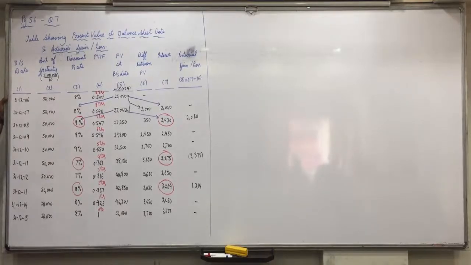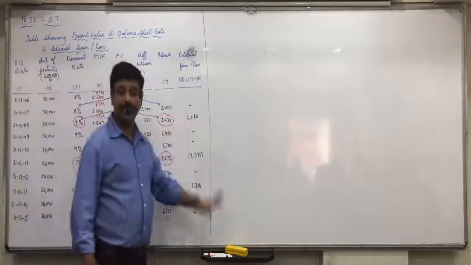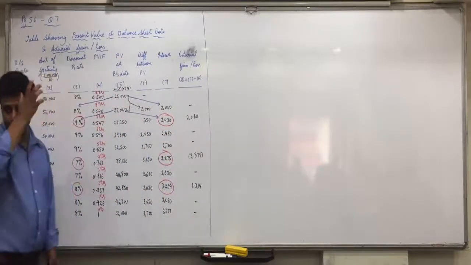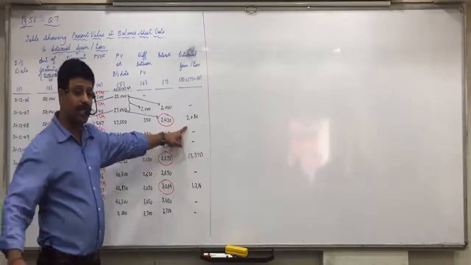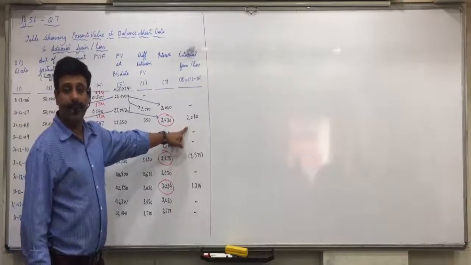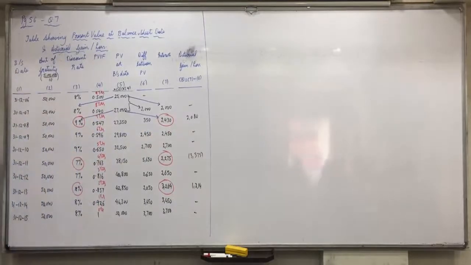It's increasing, right? 8% to 9%, resulting in actuarial gain of 2080. Any confusion in this? Rate is increasing, so it's an actuarial gain. You earned more than what you expected.